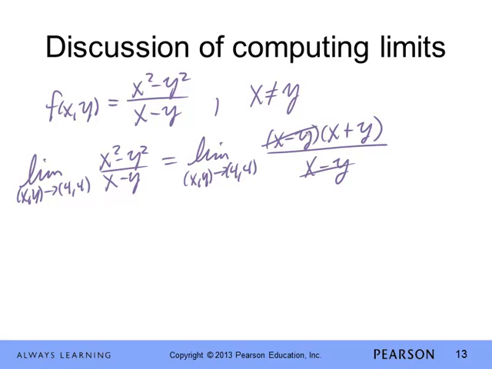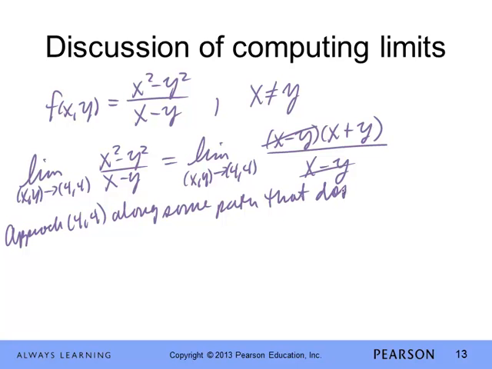And we are going to approach 4, 4 along some path that does not cross the line y equals x.